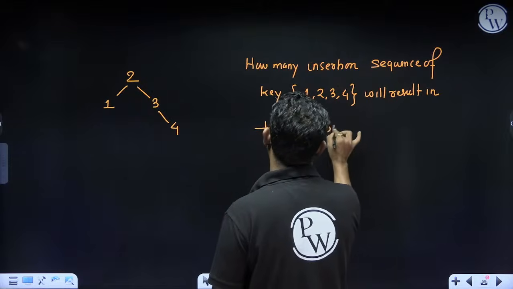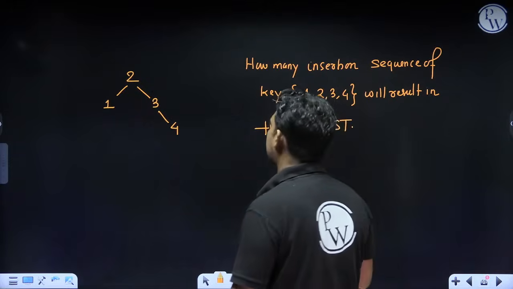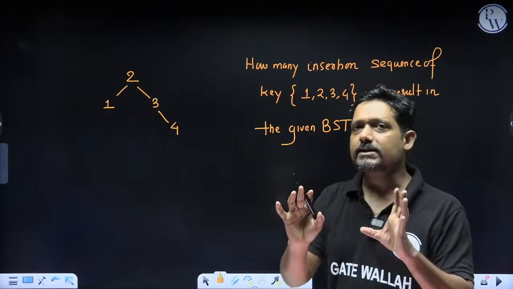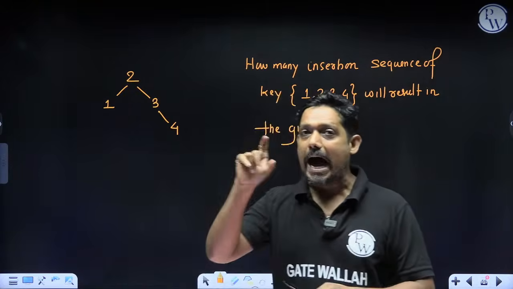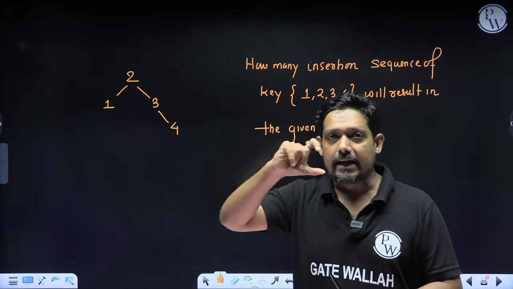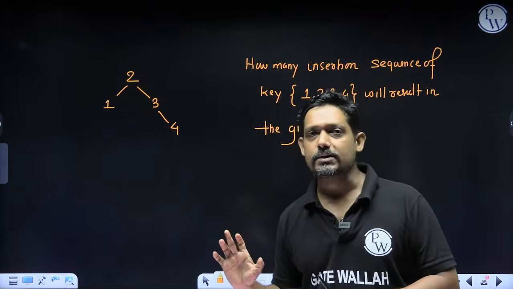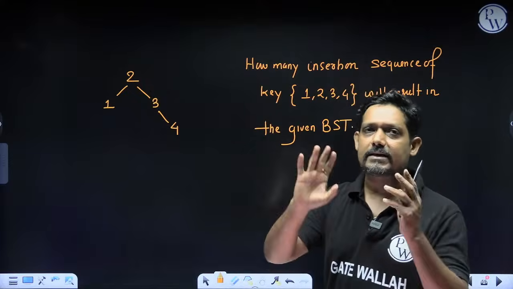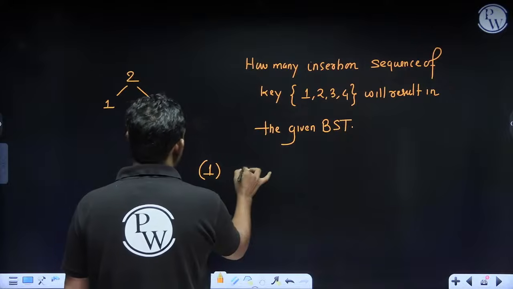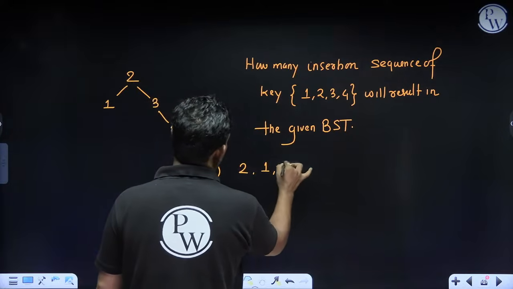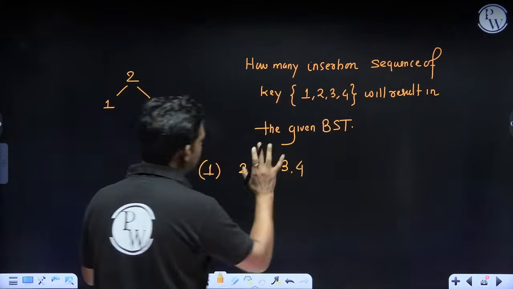First you understand the question before you answer it. The keys given to you are 1, 2, 3, 4. My question is how many ways I can create an insertion sequence so that this tree will be the result. Like I can give you one insertion sequence as 2, 1, 3, 4. This is one insertion sequence.